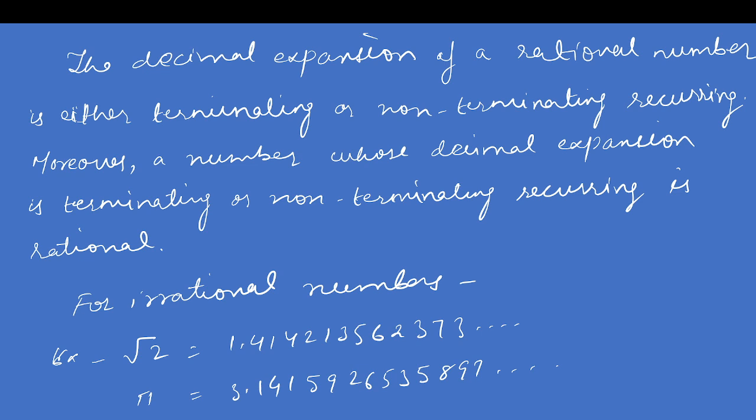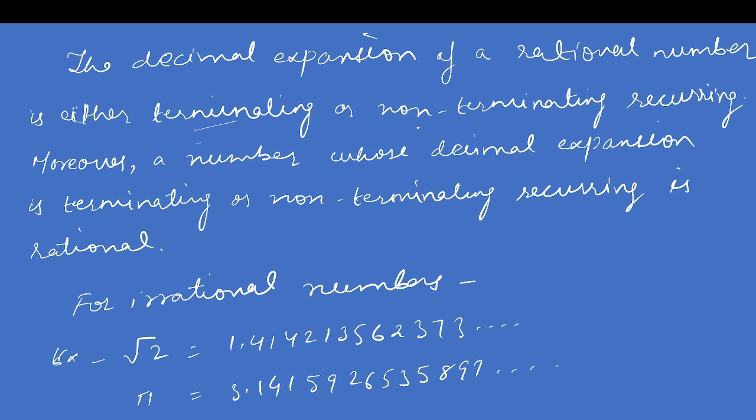The decimal expansion of a rational number is either terminating or non-terminating recurring, since the quotient recurs or the remainder never comes to zero.